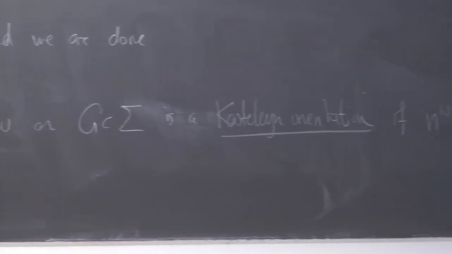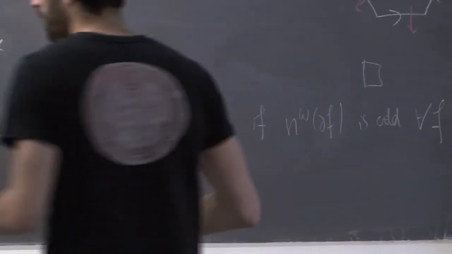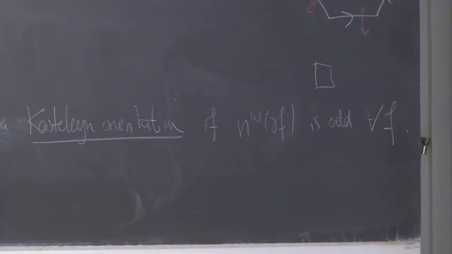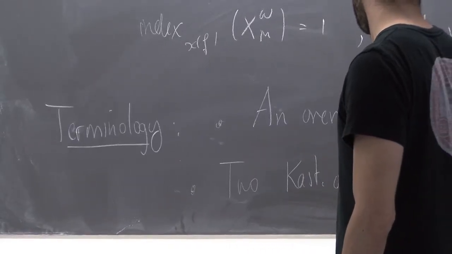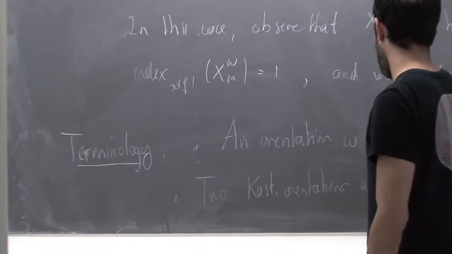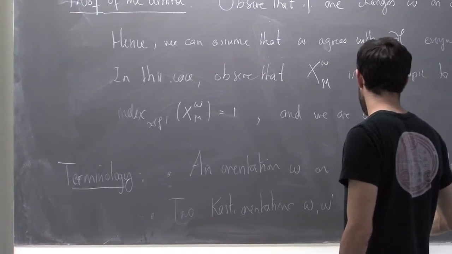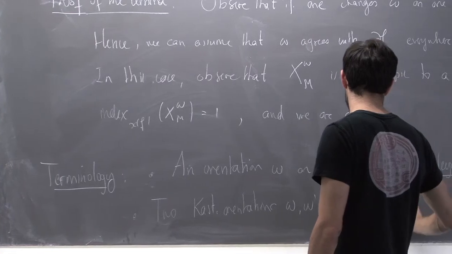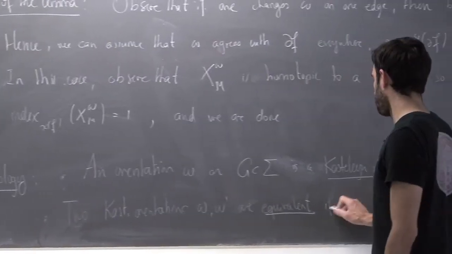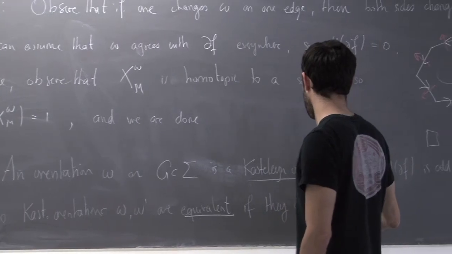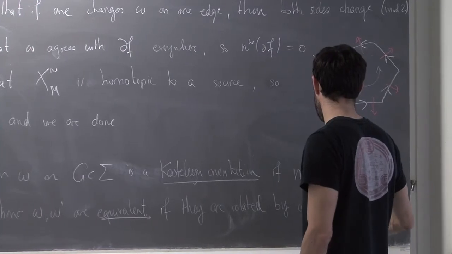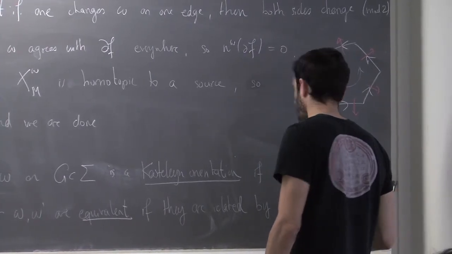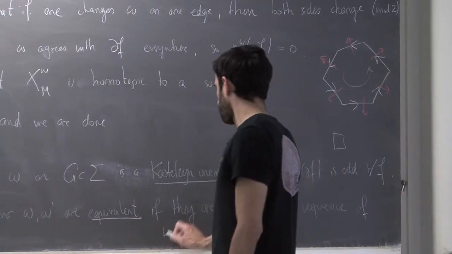And I also want to say that two Kasteleyn orientations, omega and omega prime, are called equivalent if they are related by a sequence of the following moves.